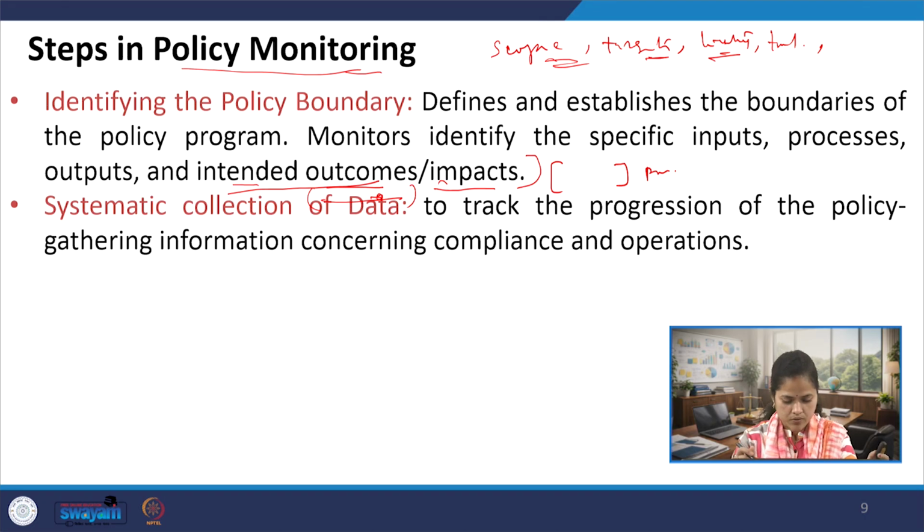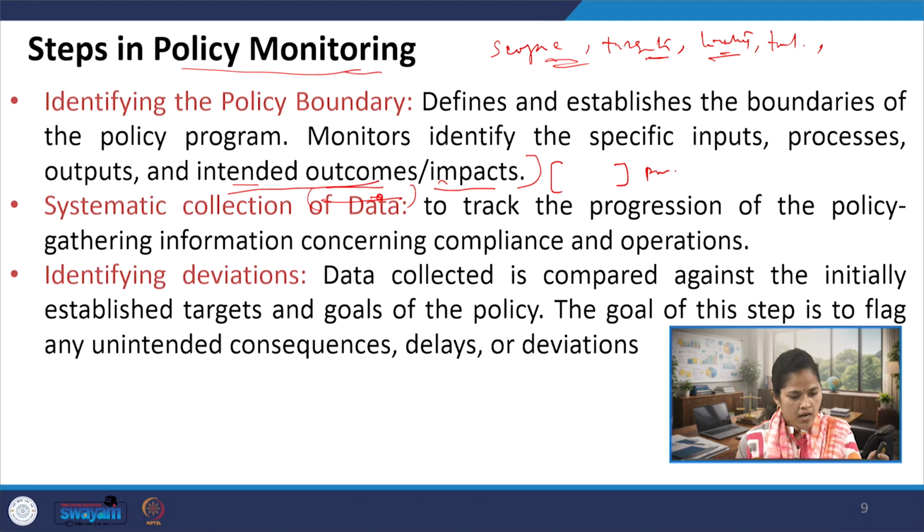Okay. So that is the reason we need to think about the specific steps required in policy monitoring. And the next step in policy monitoring is identifying the deviations. In the definitions of policy monitoring also we discussed, once the monitors are able to gather adequate data on different fronts, as per the scope, after that we should be able to identify the deviations.